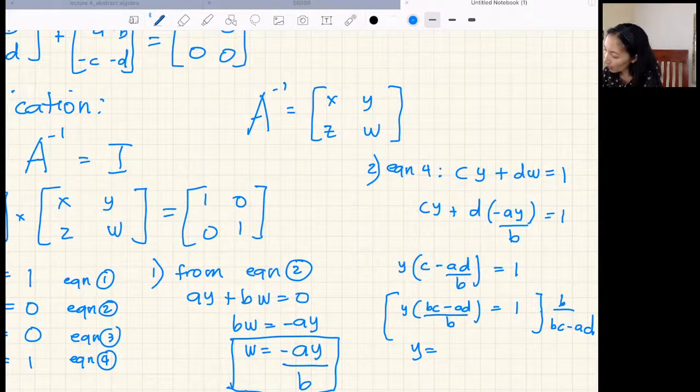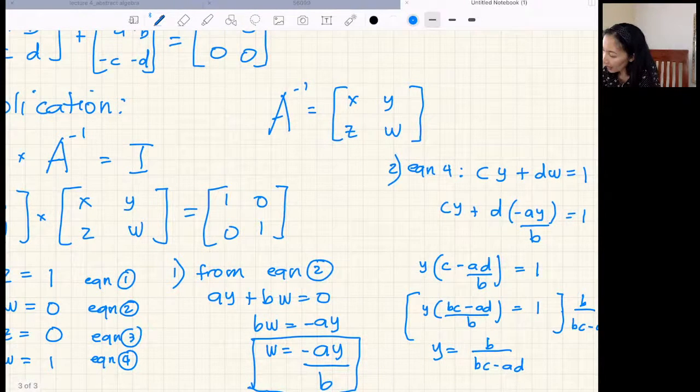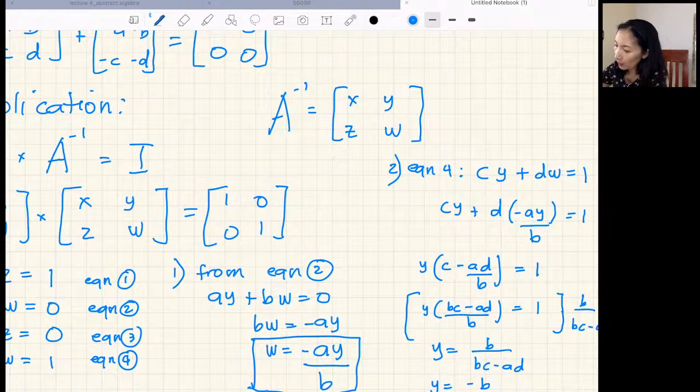So, Y will be B over BC minus AD. But we could rewrite this as negative B. I think the space will not be sufficient, so may we move to the next.